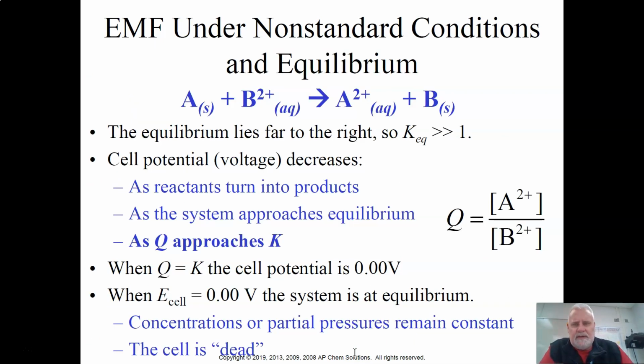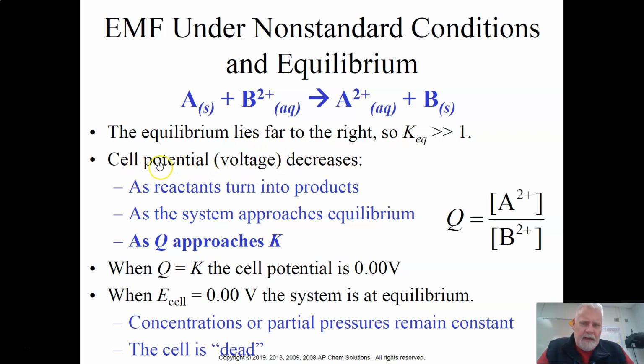To use an example here, the equilibrium lies far to the right, so your equilibrium constant is going to be very, very large for this given reaction, because that's what you want: something that's going to continually react and continually charge your battery. To be clear, we're talking about voltaic cells here on these types of problems.